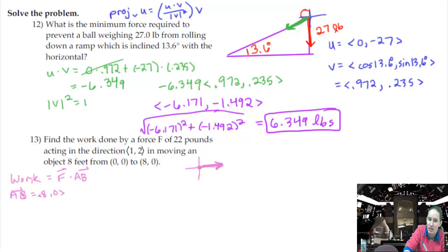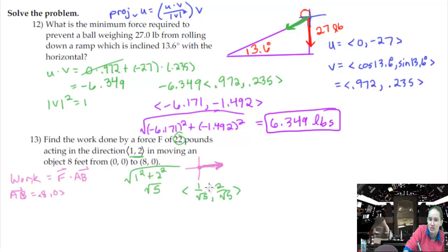And then the force vector, well, we know the magnitude of it is 22 pounds. It's moving in the direction 1, 2. So we need to figure out either an angle for 1, 2 or a unit vector for 1, 2. The unit vector for 1, 2 would be 1 squared plus 2 squared square rooted, which is square root of 5, which means that we would divide the 1 and the 2 by square root of 5. 1 over the square root of 5, 2 over the square root of 5.